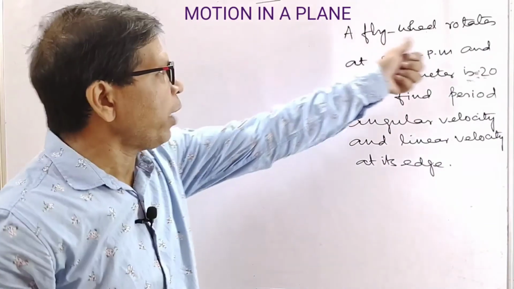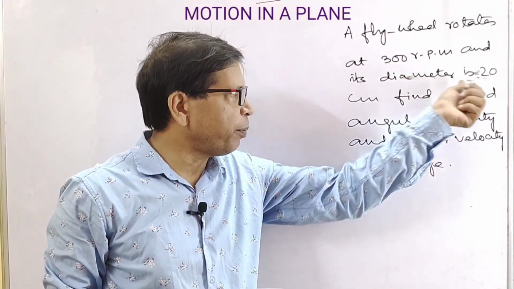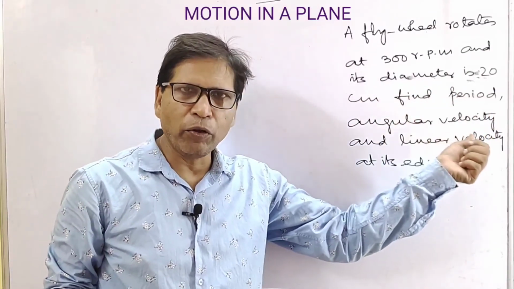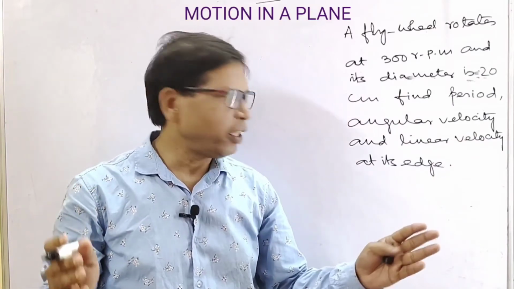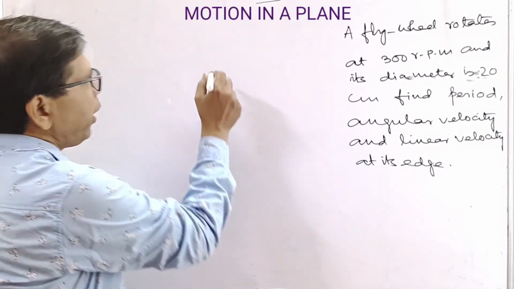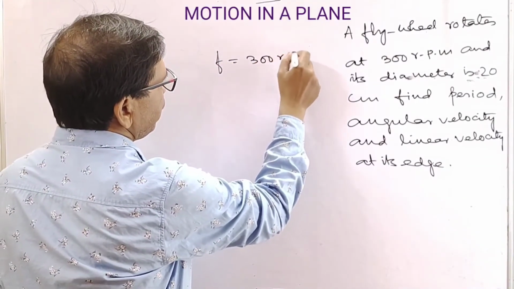A flywheel rotates at 300 rpm and its diameter is 20 cm. Find the period, angular velocity and linear velocity at the tip of its edge. Look at this. Here frequency is equal to 300 rpm.